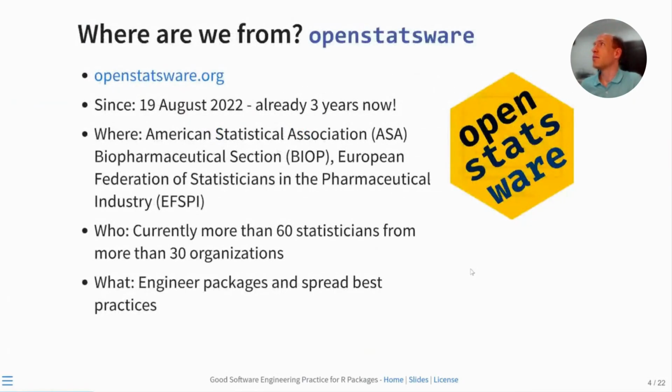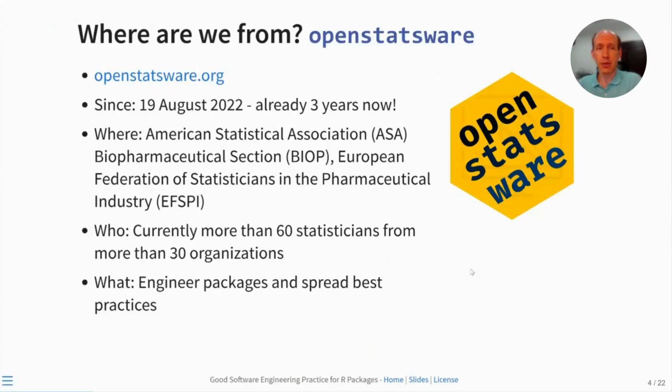So where are we from? What's the working group we're coming from? It's called Open Statsware, Open Statistical Software in short, and you can find out more at our website, openstatsware.org. We are almost 3 years old, so still in toddler age. We are associated with the American Statistical Association Biopharmaceutical Section, and also the European Federation of Statisticians in the Pharmaceutical Industry.